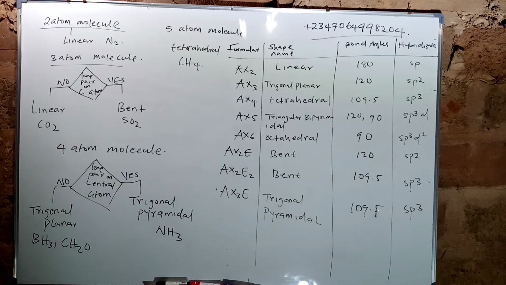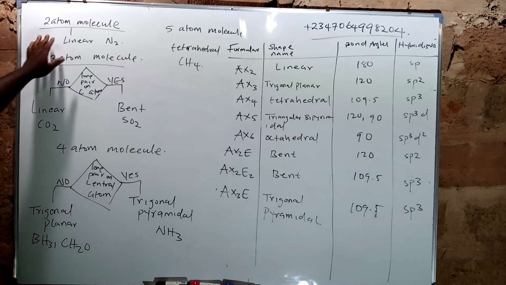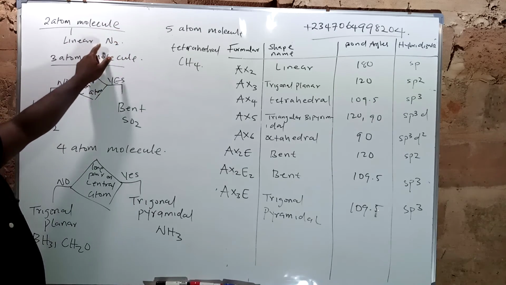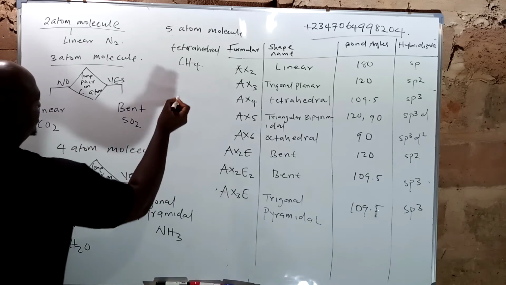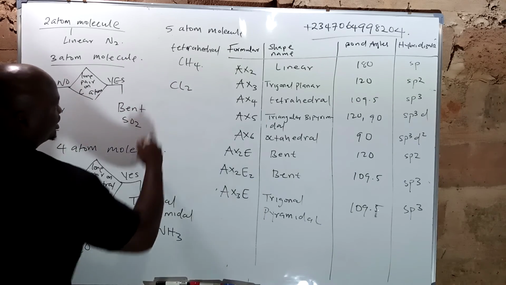Now, from the board, there is a summary of all I've been saying. Whenever you have a 2 atom molecule, like let's say nitrogen, the shape is always linear. Once they are just 2, like I'll ask you, what is the shape of chlorine? It's always linear.